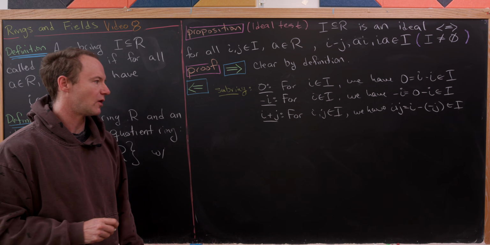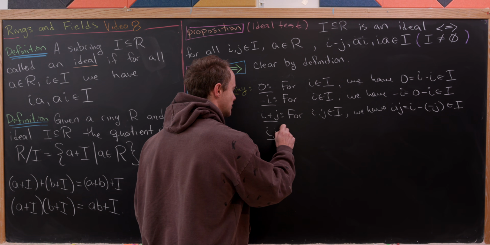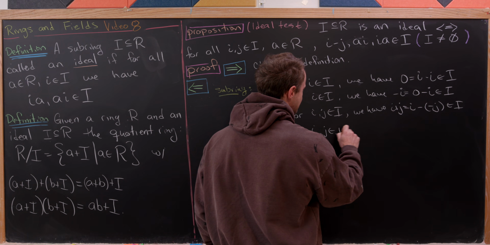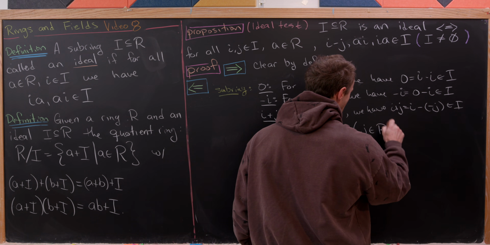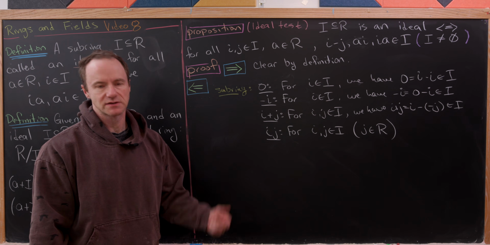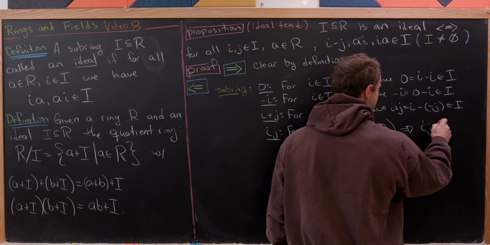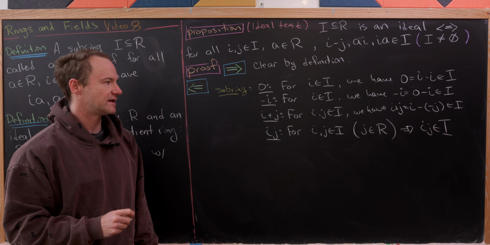Now let's check the multiplicative part of being a subring. So that would be i times j. Now let's notice that for all i and j in I, j is an element of R. So every element of I is already an element of R. But that means that i times j is an element of I. Okay, nice.